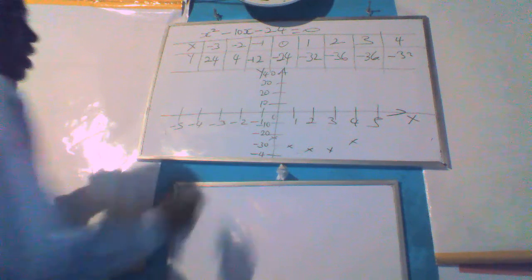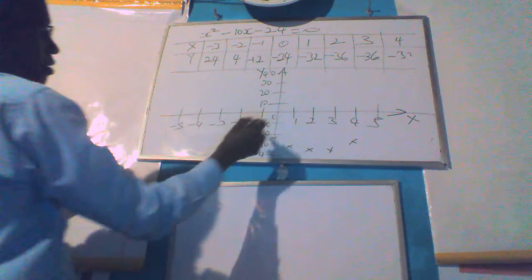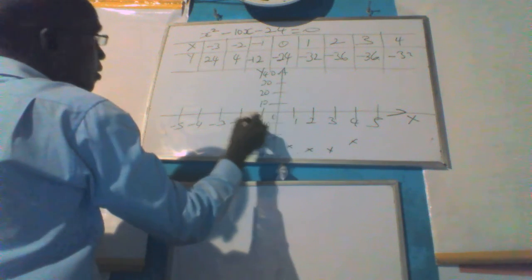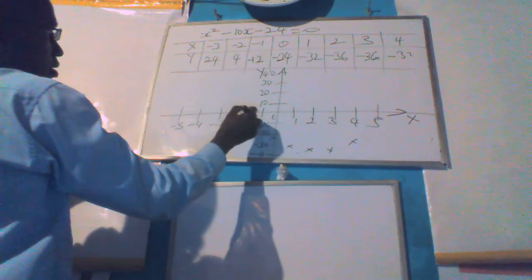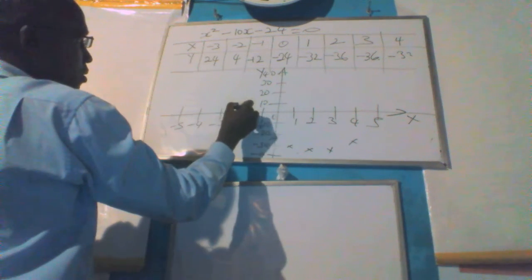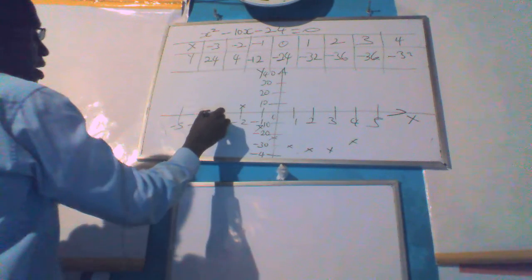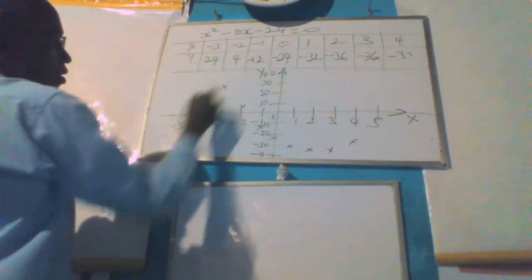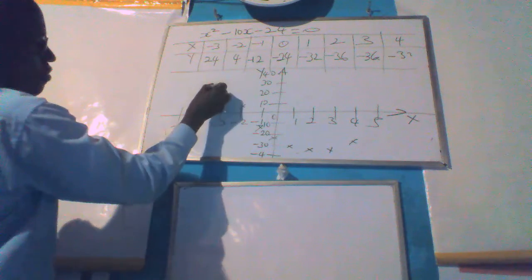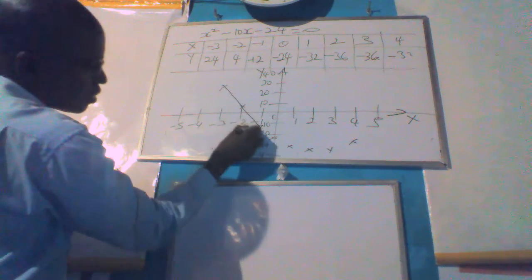Proceeding, we have minus 1 is minus 12, minus 2 is 4, and minus 3 gives us 24. So you find that this graph will follow this curve.